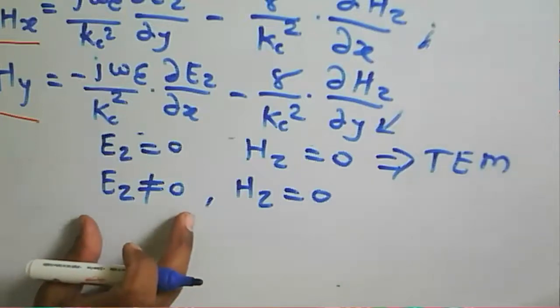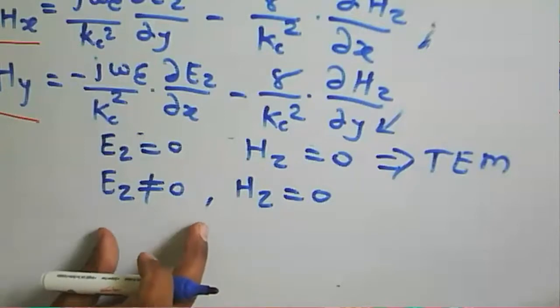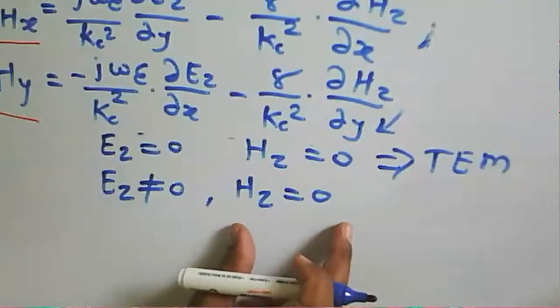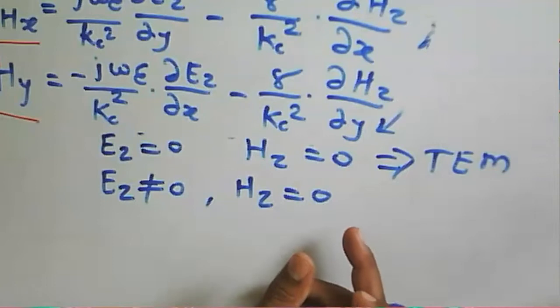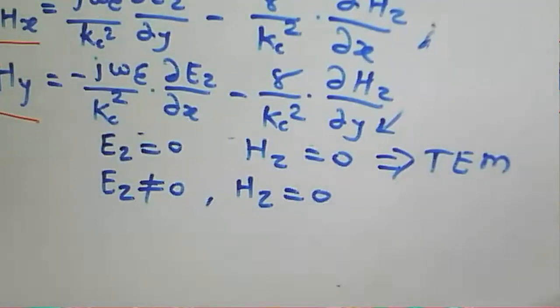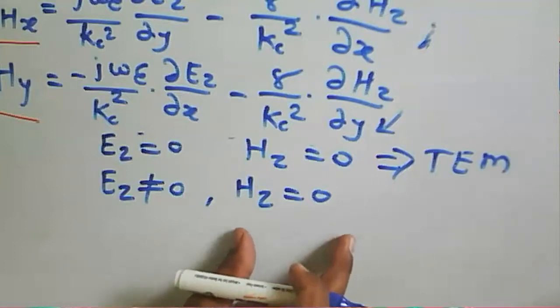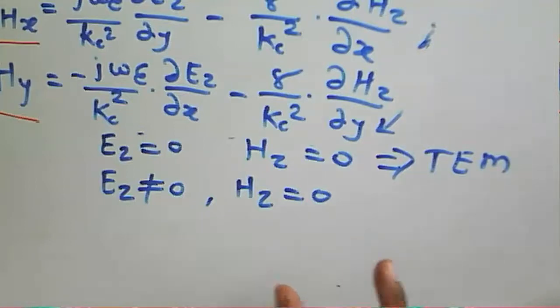We say that here Ez is not equal to 0, only Hz is equal to 0. So it means it has a magnetic field component that is normal to the direction of propagation. The z component, that is the longitudinal component of the magnetic field, is 0.